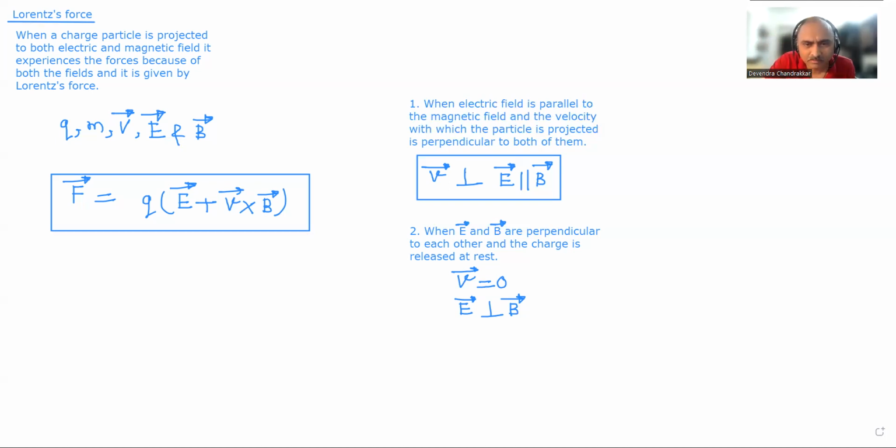Sir, could you please repeat what the notations denote in the force? Q is charge, E is electric field, V is velocity with which it is projected, and B is magnetic field.